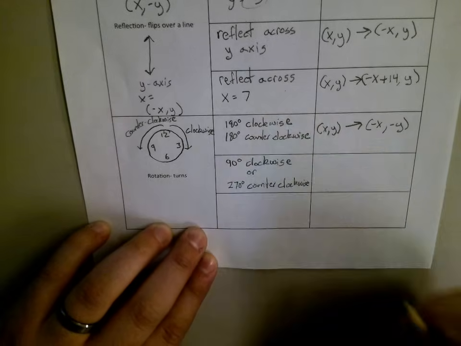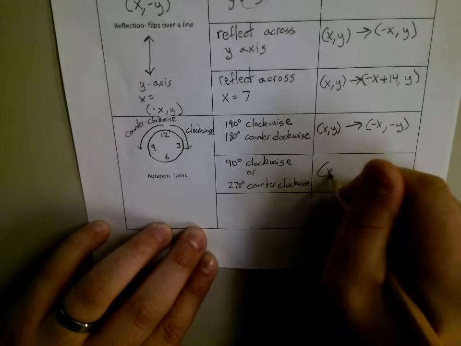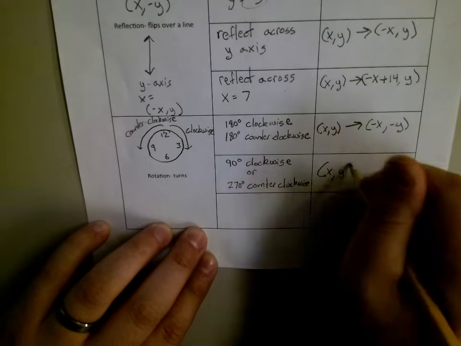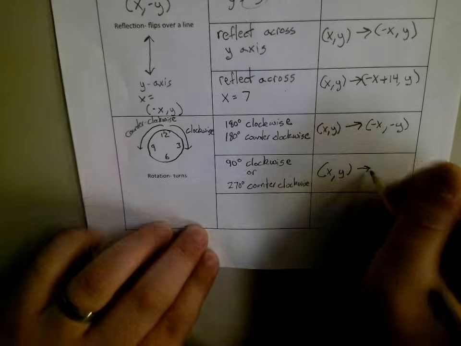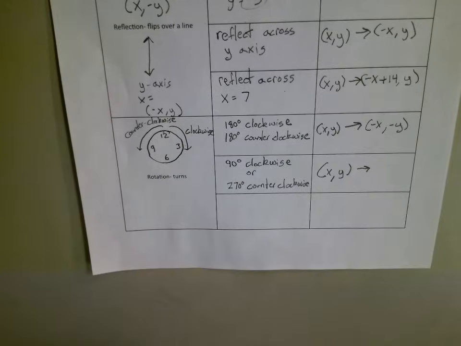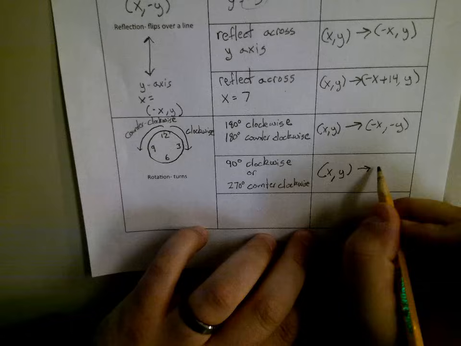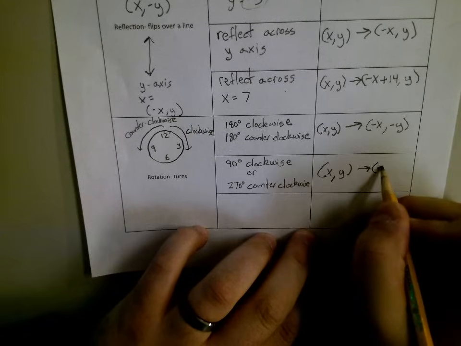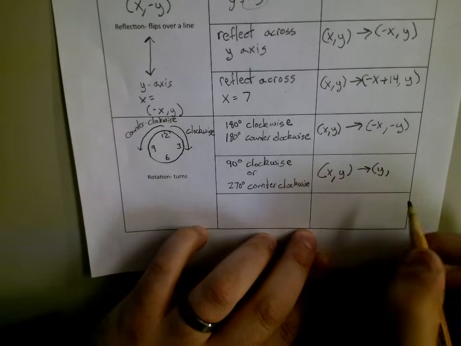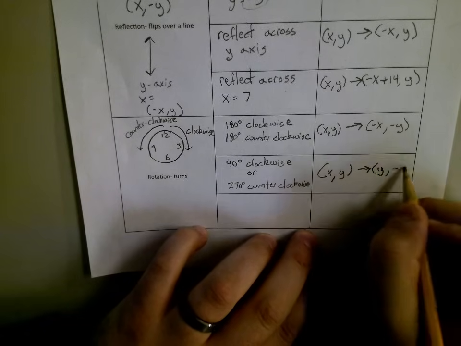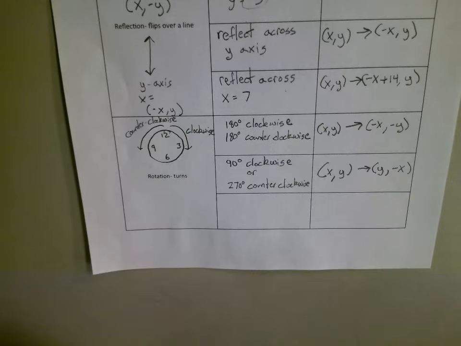So here's what happens with that. You take your original point of (x, y), and this one's a little weird too, your x's and y's switch spots. So you get y first, and then you get the opposite of x after that.